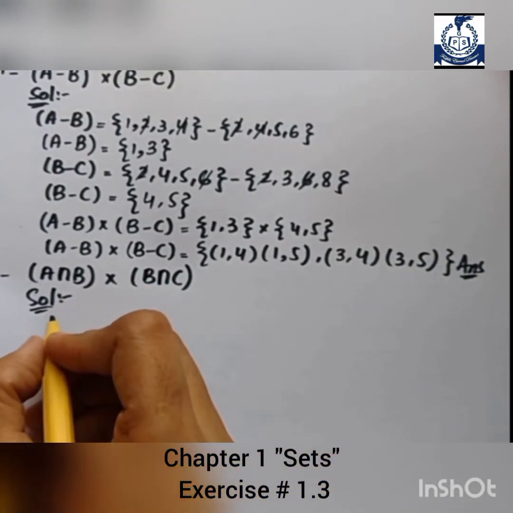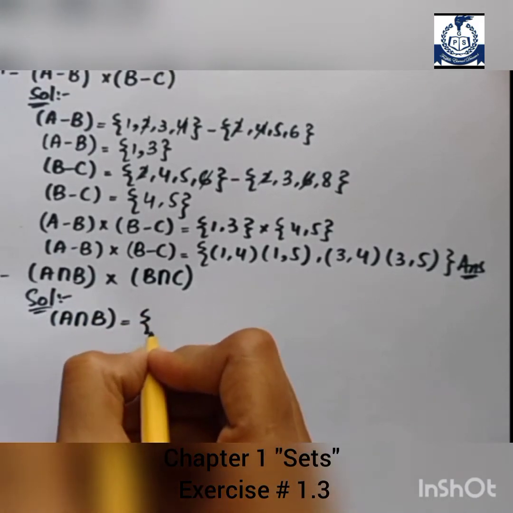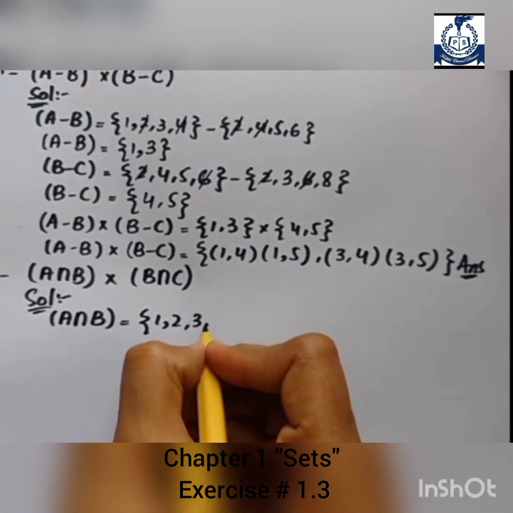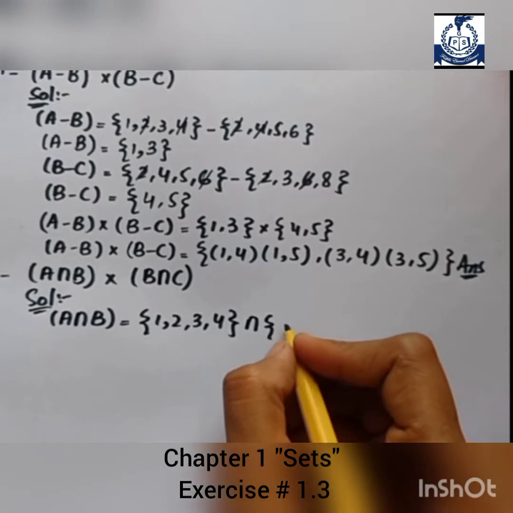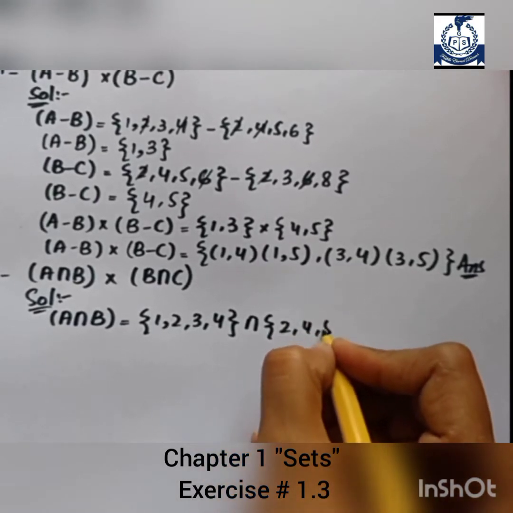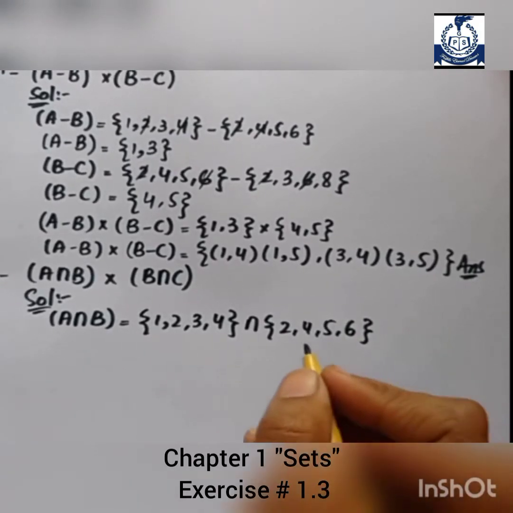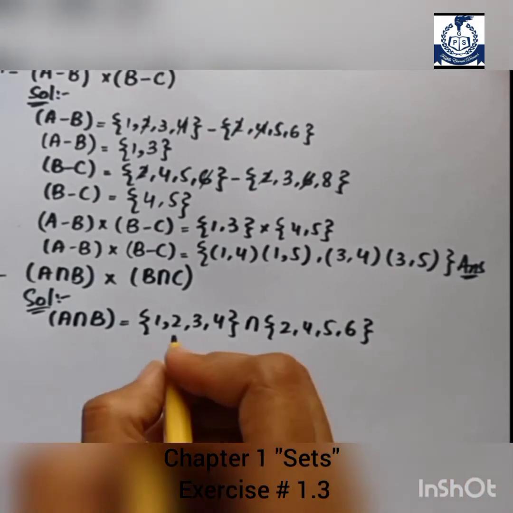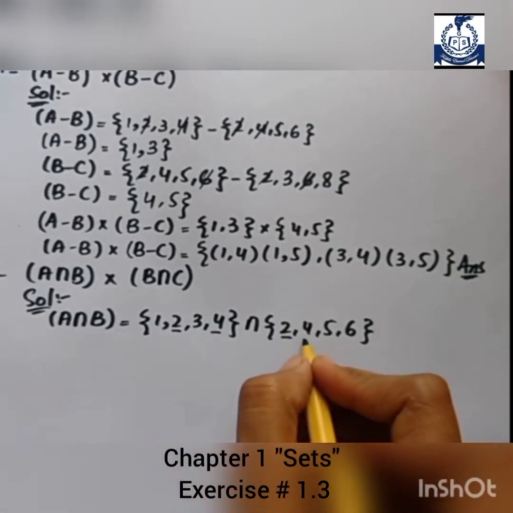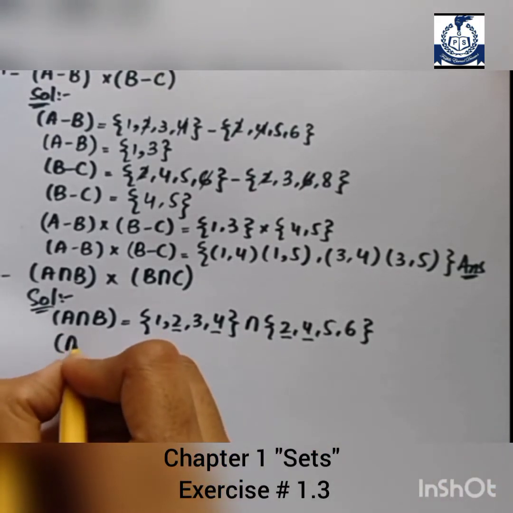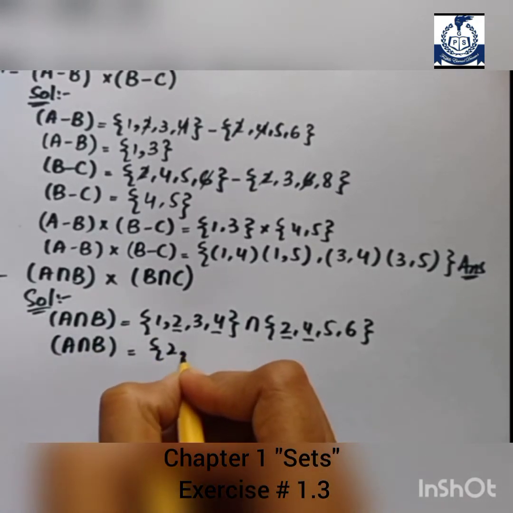Solution, A intersection B is equal to, in the place of A we write 1, 2, 3, 4 intersection, in the place of B we write the elements of set B, 2, 4, 5, 6. In intersection we take the common elements. Common elements are 2 and 4. A intersection B is equal to {2, 4}.